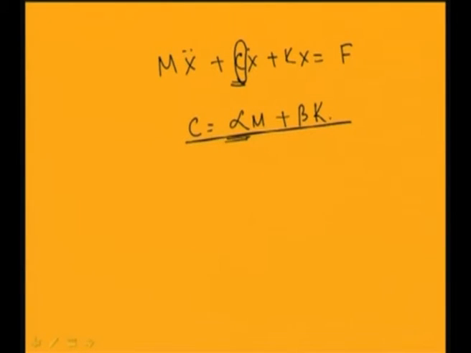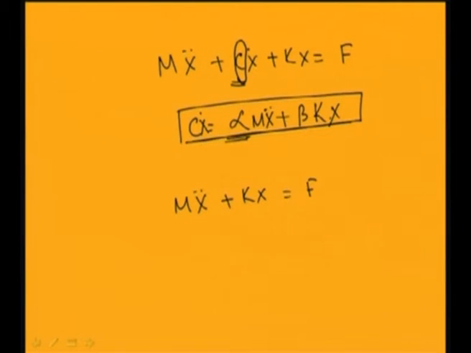So it is added to the mass matrix and stiffness matrix terms, and the equation is converted into the previous form, that is m x double dot plus k x equal to f. This damping is known as Rayleigh damping or proportional damping of the system. So C x dot equal to alpha m x double dot plus beta k x.